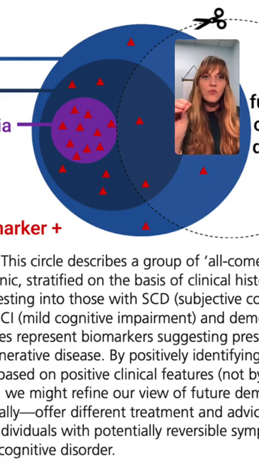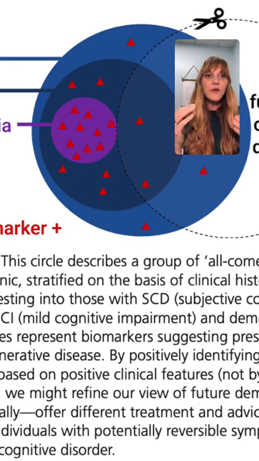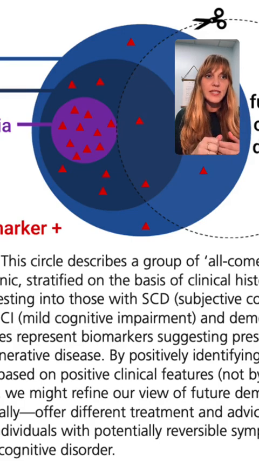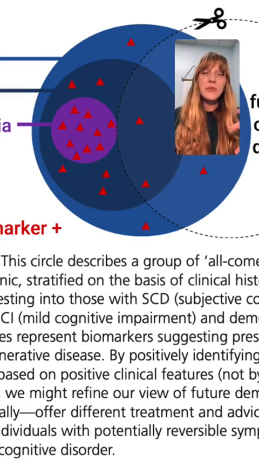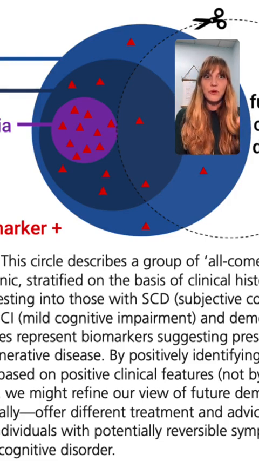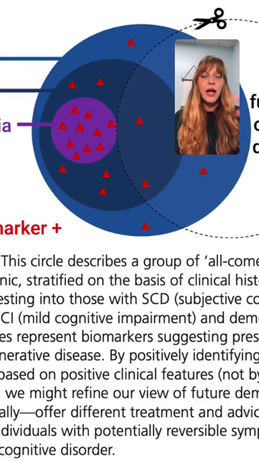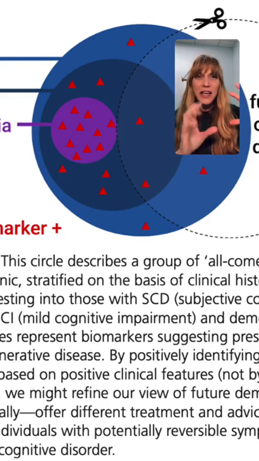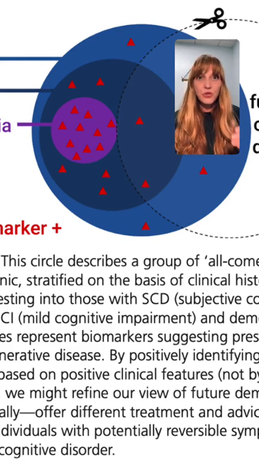What the red triangles represent is, this is a big area in all of science, looking for biomarkers suggesting the presence of a neurodegenerative disease. One of the things they propose in this review is that positively identifying individuals with functional cognitive disorder based on positive clinical features will help stratify and look at risk for dementia. And here's the great thing: it responds really well to treatment.